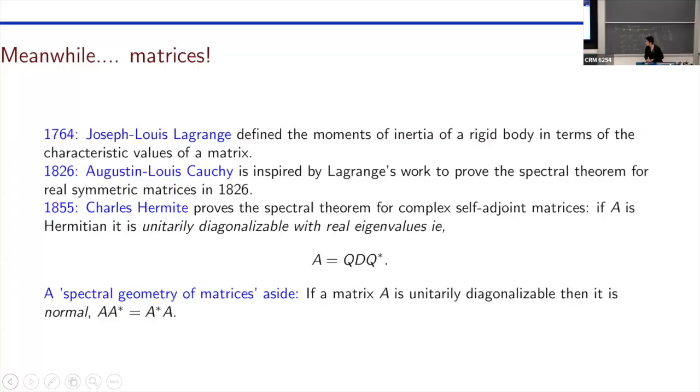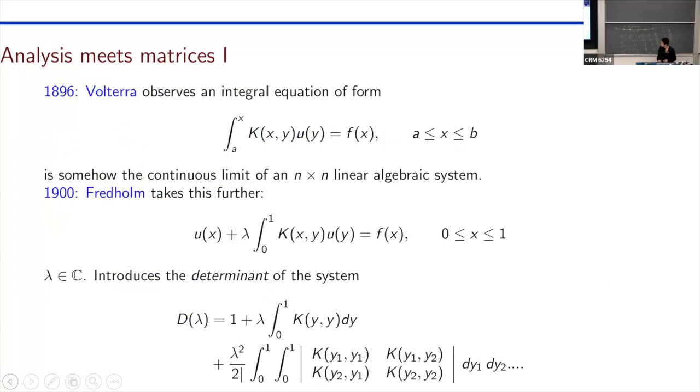Hermite proved the spectral theorem for complex self-adjoint or Hermitian matrices. Then people started to think about integral equations and started to think about, well, can you actually come up with eigenmodes or standing waves for integral equations?